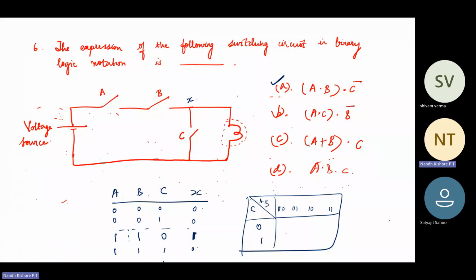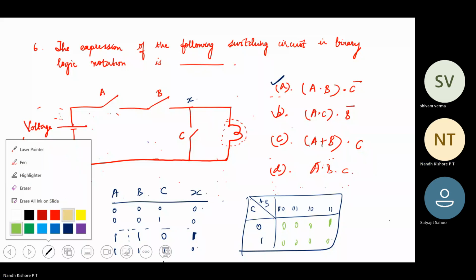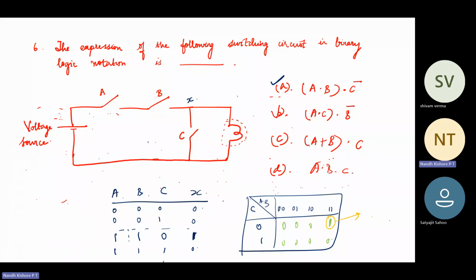So your 1 happens at C is 0 and AB are 1, and all other entries are 0. So this is A into B into C bar. This is the only mathematical way of doing it, that is writing the truth table and the K map. You can follow this for complex circuits if you cannot tell it visually.